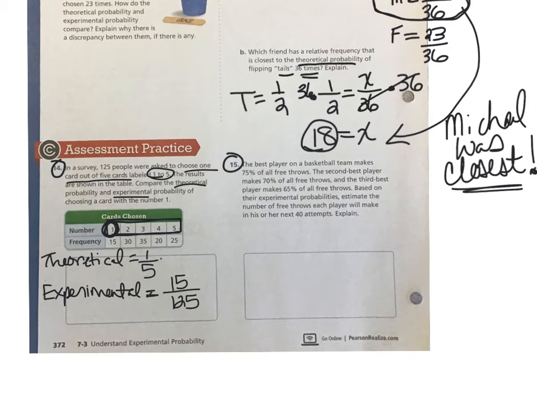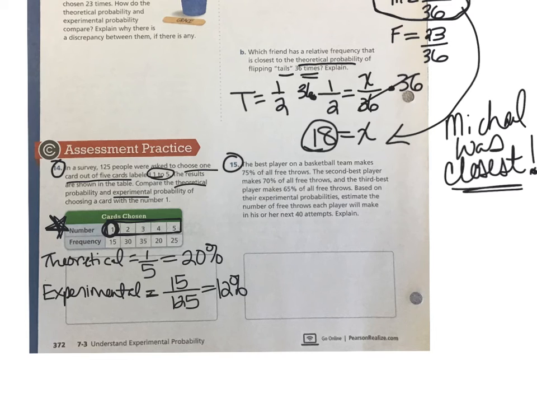So let's change them each into percents, and then we can make an accurate comparison. In this case, the theoretical probability of choosing a card with the number 1 is 20%, but the experimental probability from actually conducting that experiment and choosing cards by 125 people found that the experimental probability is only 12%. So the theoretical probability is greater than the experimental probability.